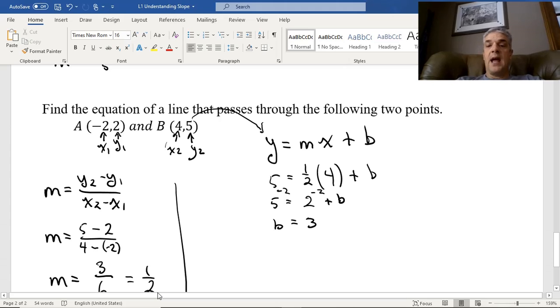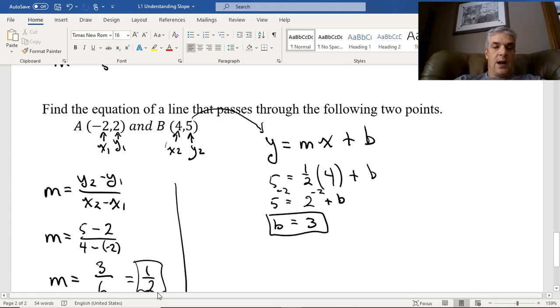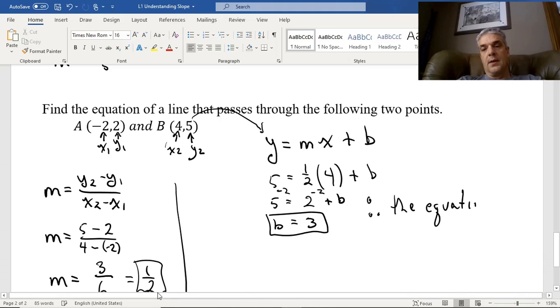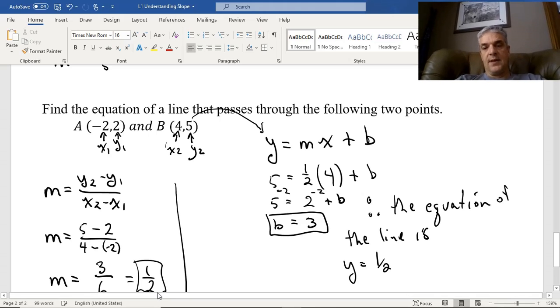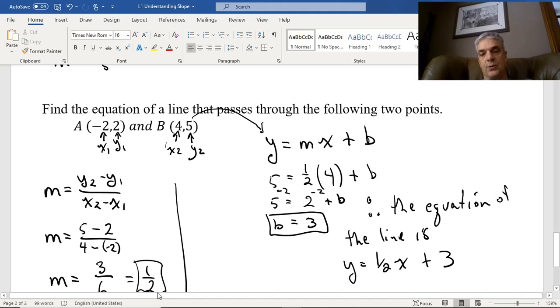Okay, so now I know my b equals 3, my m equals 1/2, and so therefore the equation of the line is y equals 1/2 x plus 3, and it's a positive 3, so it's plus.